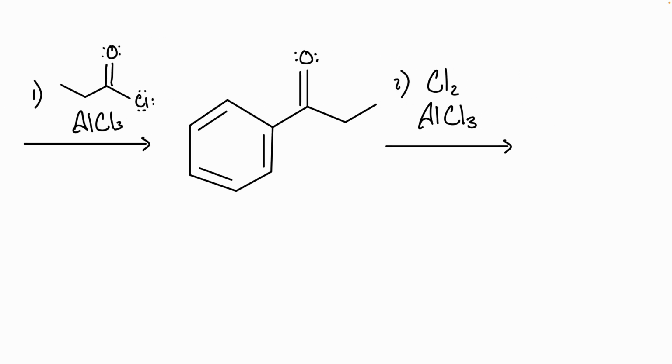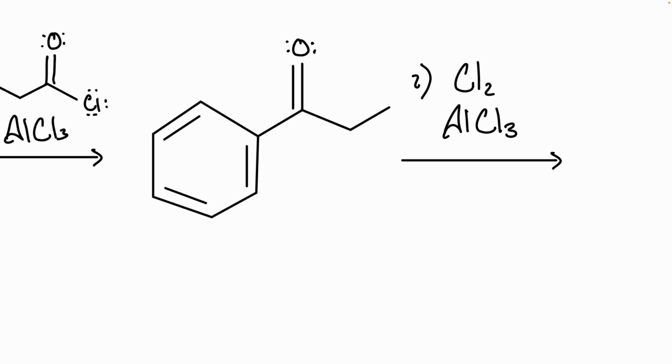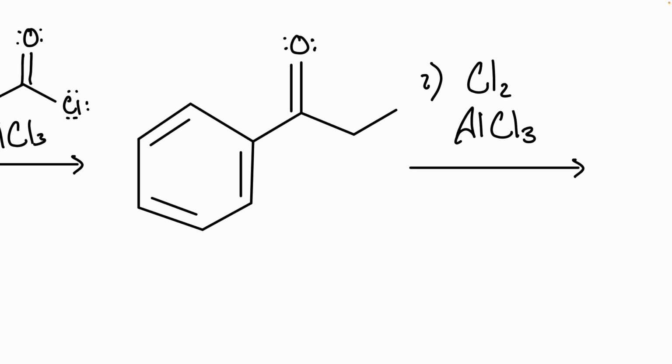All right. My chlorine and aluminum chloride is going to add what to the ring? What do these reagents do? They're going to add a chlorine. Okay, great. So the question is, which position do I add the chlorine to? I have to look at what's already on the ring here and figure out whether this is an ortho-para or a meta-director.